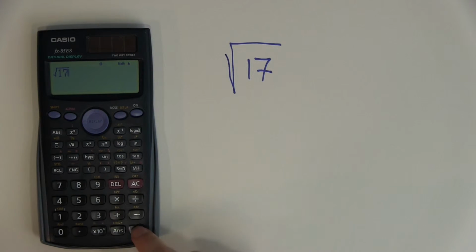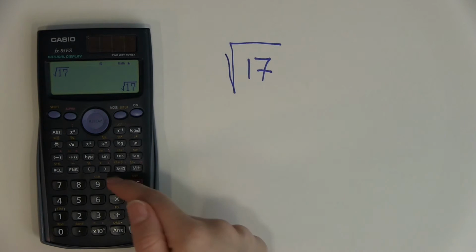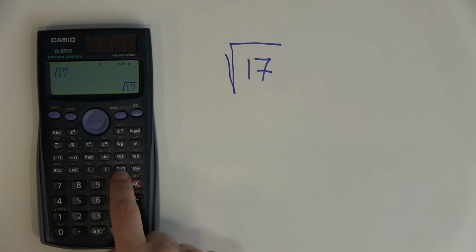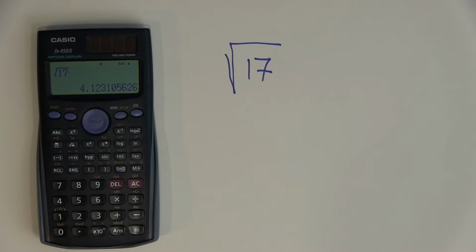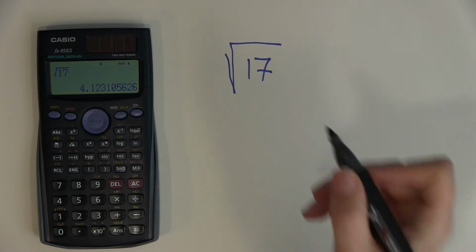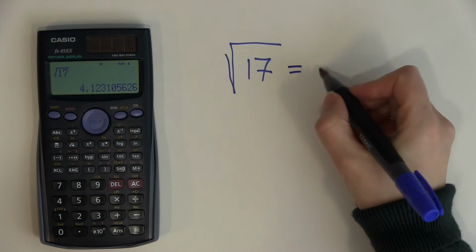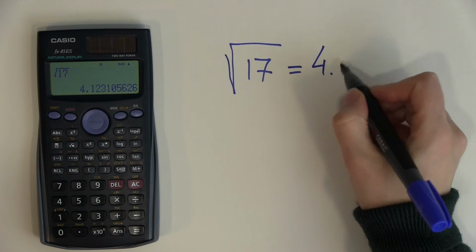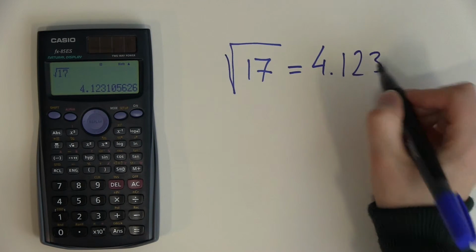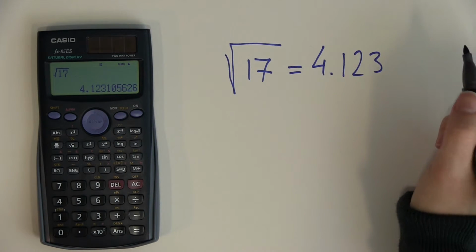So root 17, and then using the SD button I will be able to get the decimal answer. This one is equal to 4.123 to 3 decimal places.